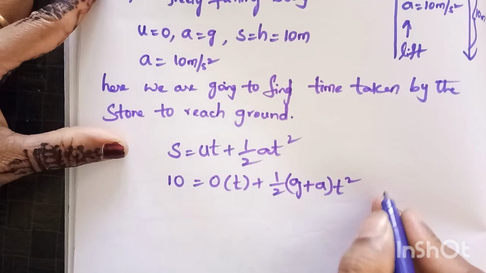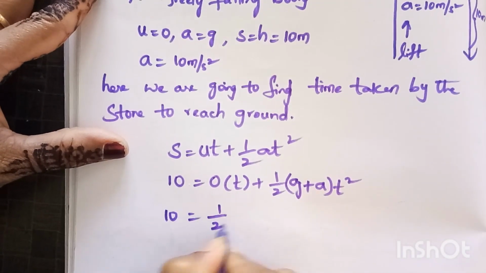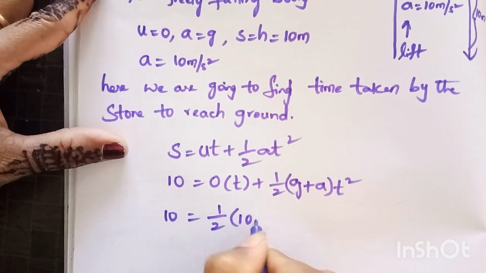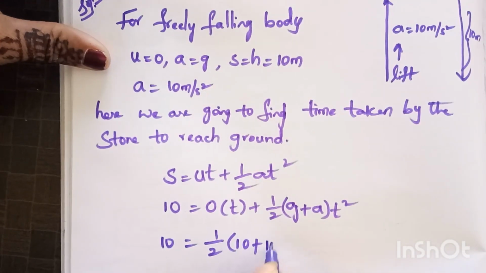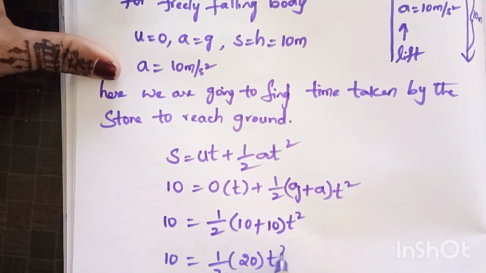Okay, so now we are going to find the value of t. 10 equals half into g, which is 10, plus a, which is 10, into t square. 10 equals 1 by 2 into 20 t square. 2 ones, 2 tens.